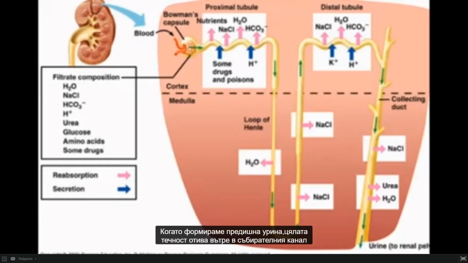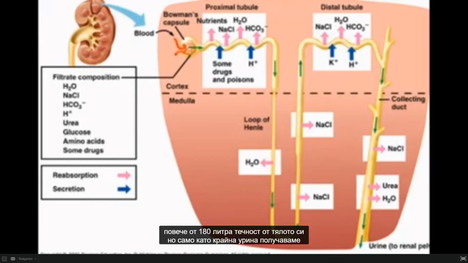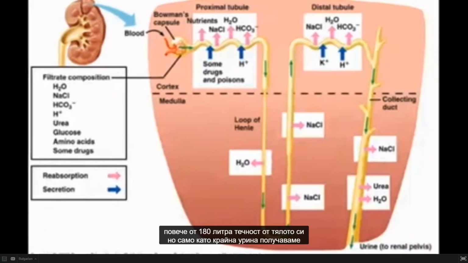When we form the previous urine, all the liquid goes inside the collecting duct for the finalization of the concentration of the urine. From the beginning, we filter more than 180 liters of liquid from our body, but as final urine we get only 1 or 2 liters.